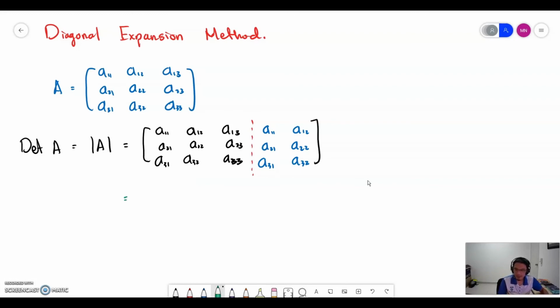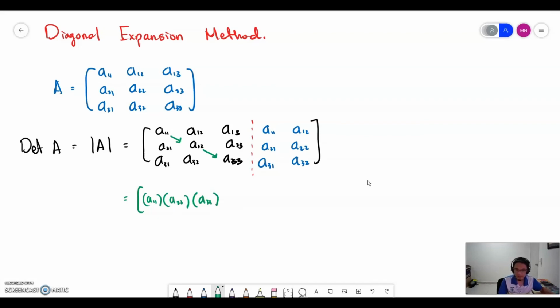Then we do the diagonal process. We take this A11 and draw an arrow like this in the direction of a diagonal. So that means we have A11 multiplied by A22, sorry, not A12 but A22, and A33. That is for the first diagonal to the right side.